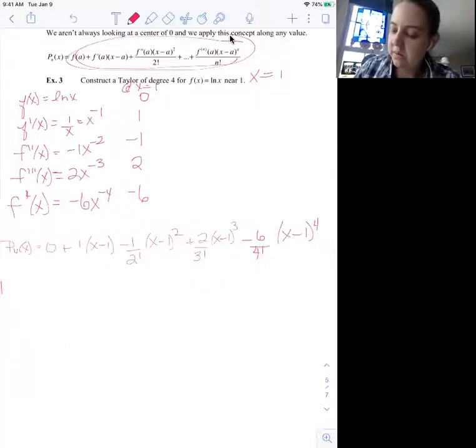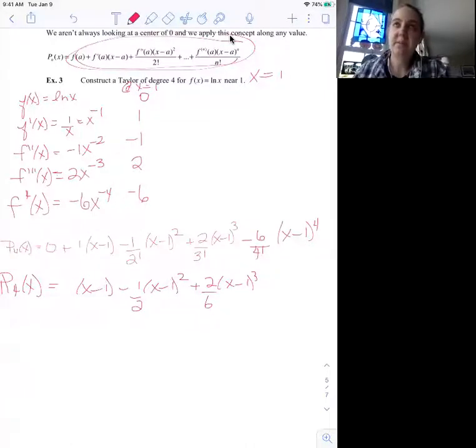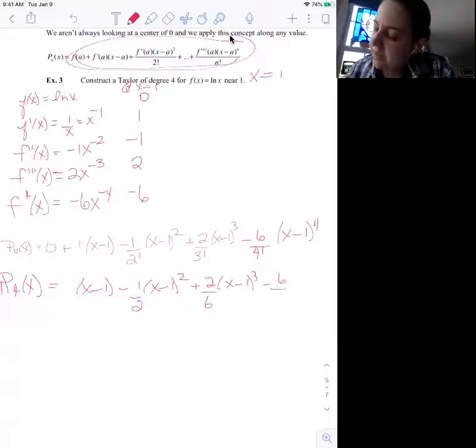So this is x minus 1. 2 factorial is just 2, so minus 1/2 x minus 1 squared. 3 factorial is 3 times 2, so that's 6. So plus 2/6 x minus 1 cubed. And 4 factorial is 4 times 3 times 2 times 1, so 4 times 3 is 12, times 2 is 24, minus 6/24 x minus 1 to the 4th.